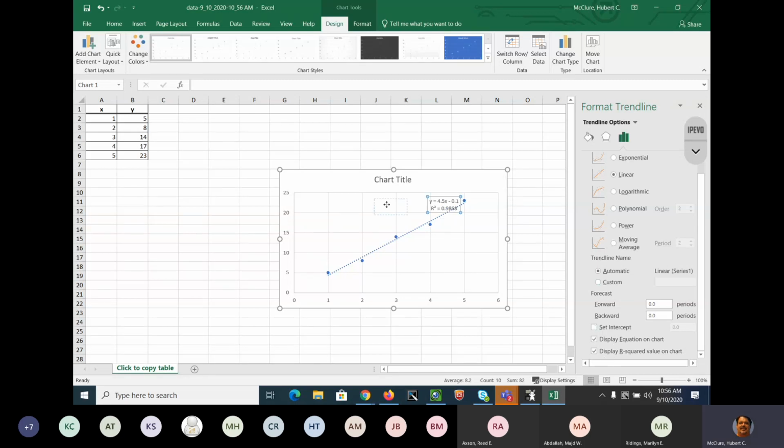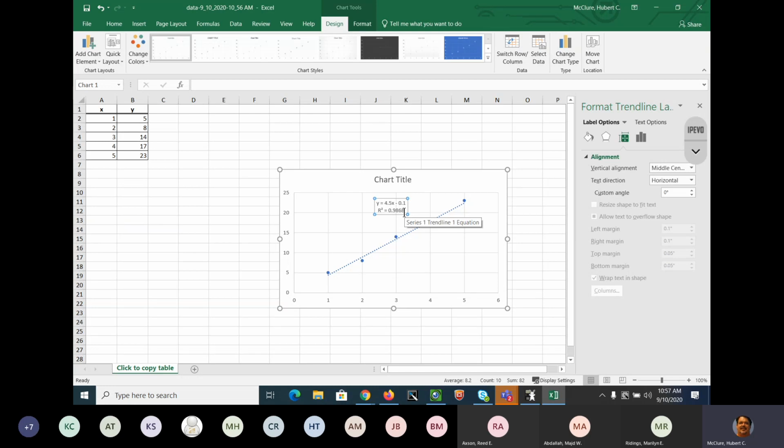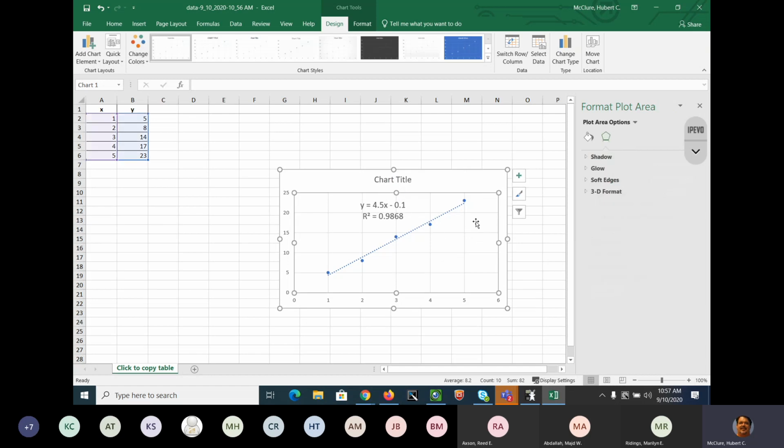We'll move that over here, make it bigger. And this one, I'm going to write down, I get y is equal to 4.5x minus 0.1, and I have a correlation r squared equal to 0.9868, which is going to be a very strong correlation when you take that square root.